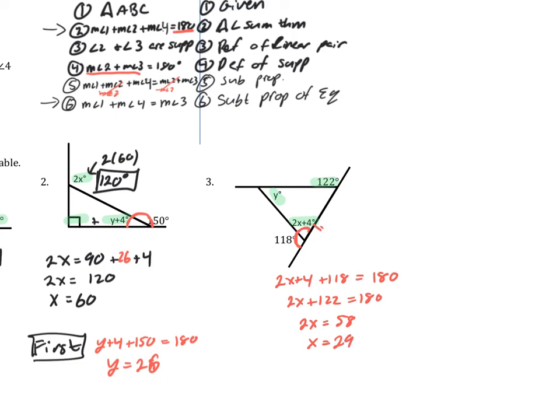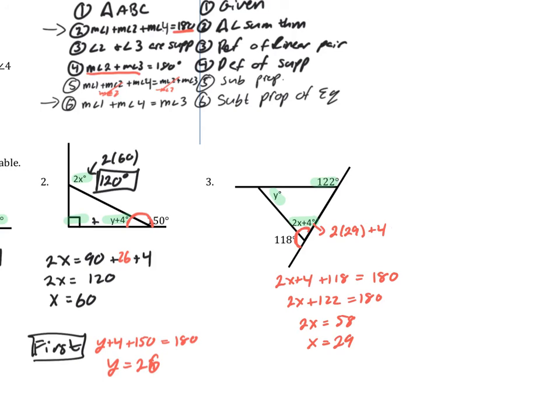So now if we substitute that back in, 2 times 29 plus 4, we're going to find that degree measurement, and then we can go ahead and use it in our equation. So 2 times 29 plus 4 is 62.